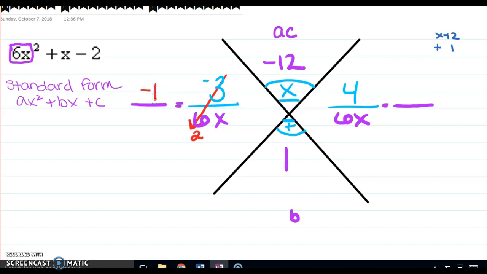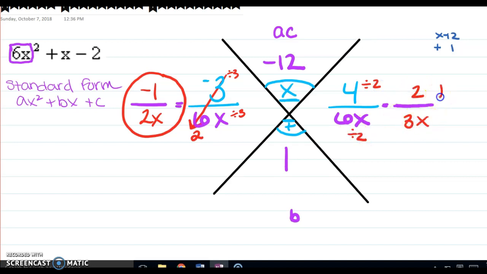There's no more 3 if we divide both of these by 3, but there is a -1. And then on the bottom, 2x. Just like simplifying fractions, make sure that the negatives stay in the same place, the x's stay in the same place. And here we're going to divide these by 2. And we get 2 over 3x.